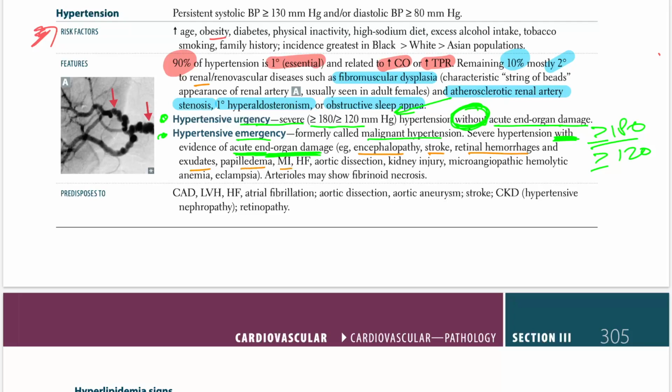MI, myocardial infarction, HF heart failure, aortic dissection, kidney injury, microangiopathic hemolytic anemia, eclampsia. Arterioles: now on histology, arterioles will show fibrinoid necrosis.